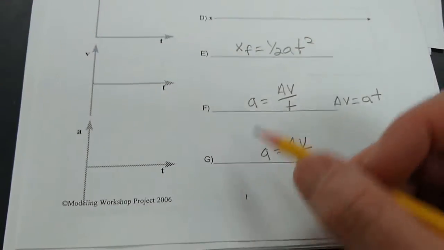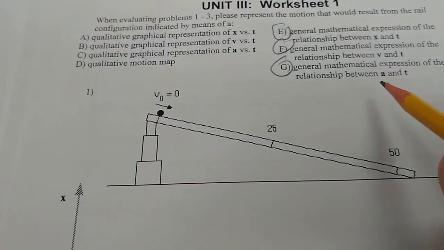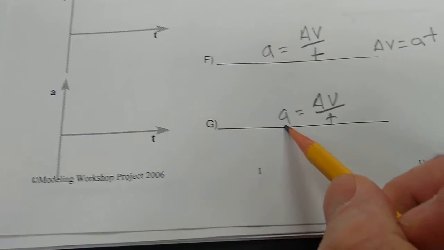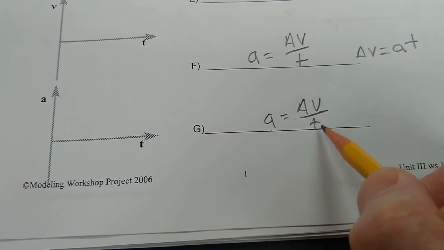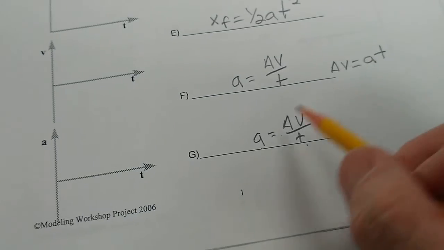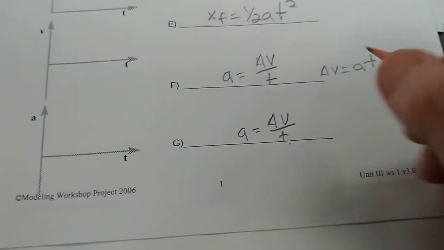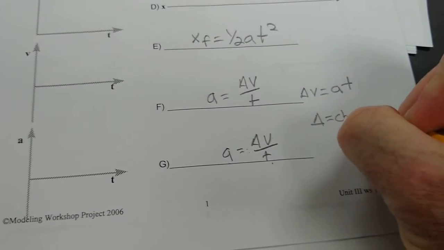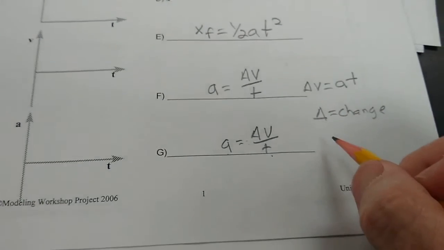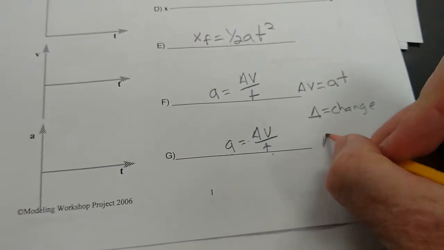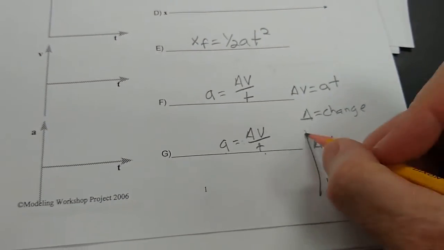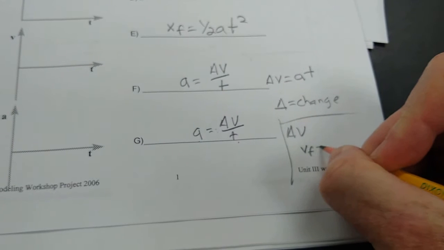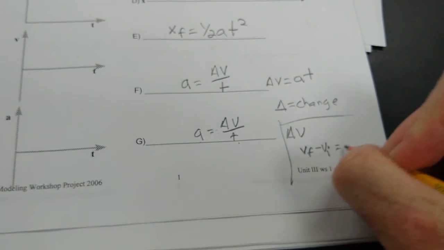And then for G, it says relationship between A and T. Well, that one's already answered. Acceleration is equal to change in velocity over time. These are all the same formula. This symbol, delta, means change. And another way to write delta V is just to write VF minus VI.